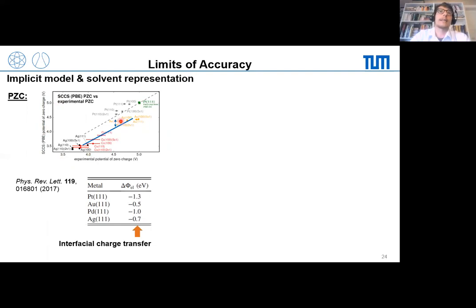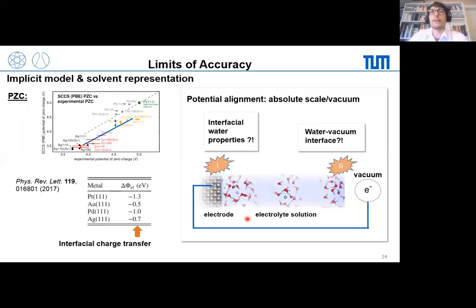We find that going to different materials like gold, copper, and silver, you suddenly have this shift. So there's some inconsistency for the potentials of zero charge when you look at different metallic surfaces, and it's most likely related to interfacial charge transfer between water molecules and these metallic surfaces.